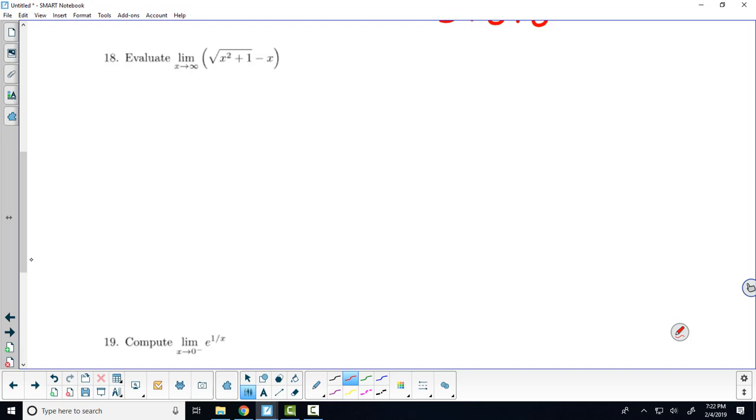What's that, James? Infinity minus infinity. What's happening to the first term, the square root of x squared plus 1? This is getting large, right? What's happening to this term? It's getting large. And arbitrarily large minus an arbitrarily large is? Yeah, infinity minus infinity, indeterminate form.